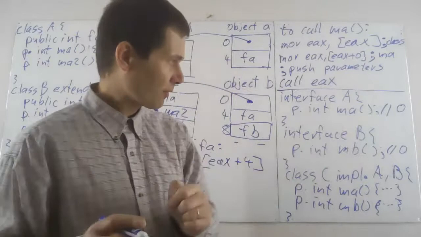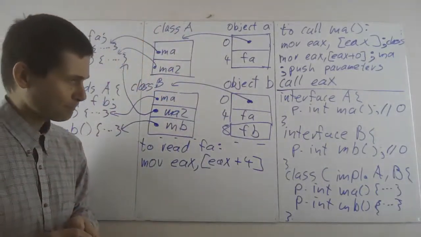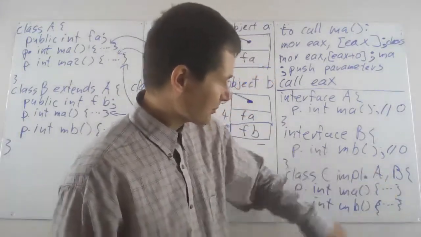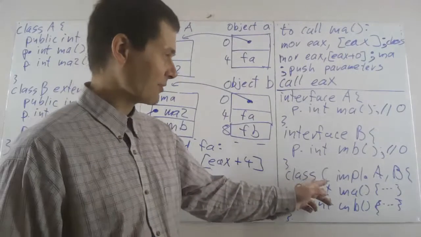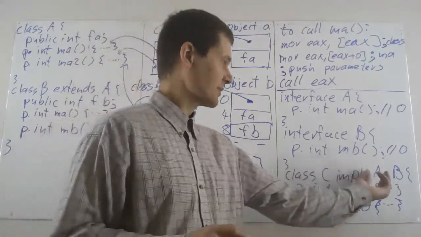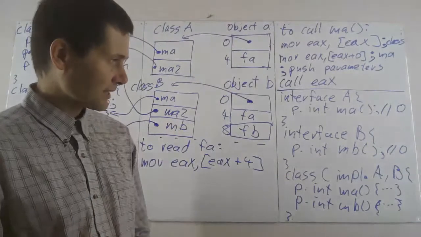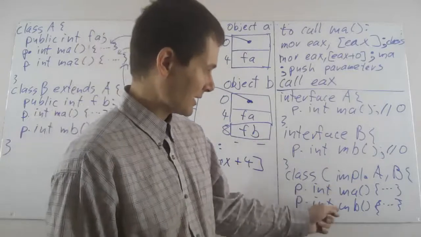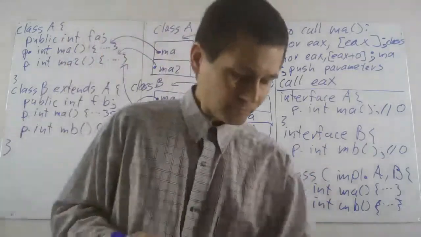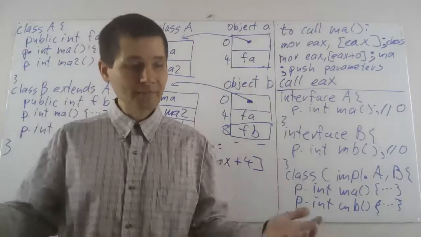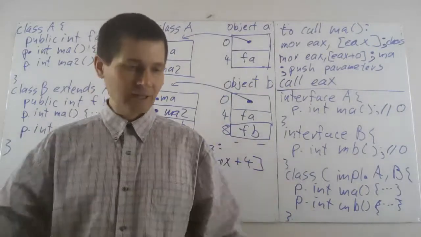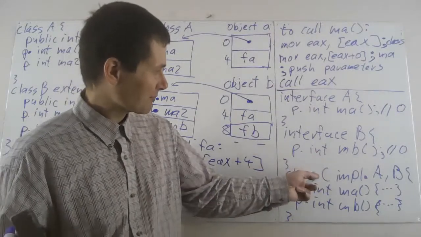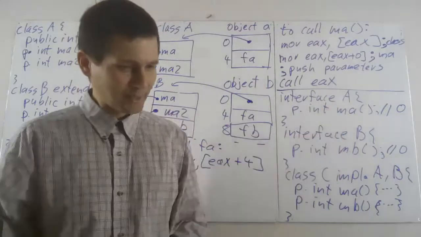Same thing for interface B. So it has to be able to find this particular implementation of the method. And you could have other classes that also implement these interfaces that have different implementations of methods MA and MB. So the whole prefix idea breaks down. We can't make a prefix of the layout of C be both A and B at the same time.